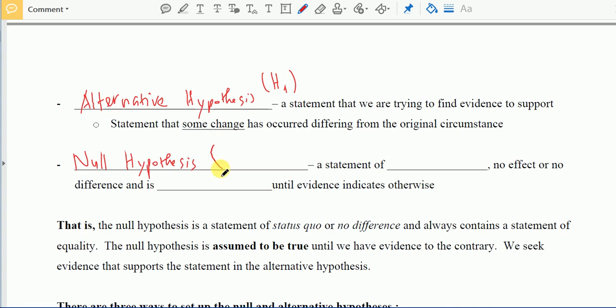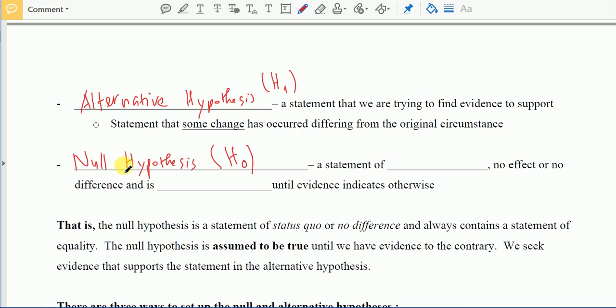The alternative hypothesis H1 is a statement that we are trying to find the evidence to support. We make some claim about something, and we call that statement the alternative hypothesis because we are trying to support that this hypothesis makes more sense compared to others. This is the statement that makes some change different from the original circumstances.